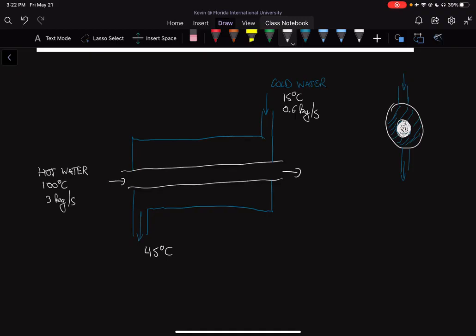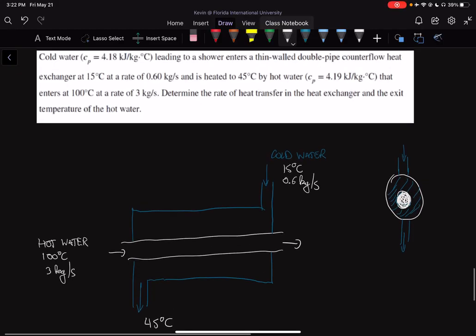Okay, now we're told in the question that we have to determine the rate of heat transfer in the heat exchanger. We agree that we have more heat on the hot side than on the cold water side.